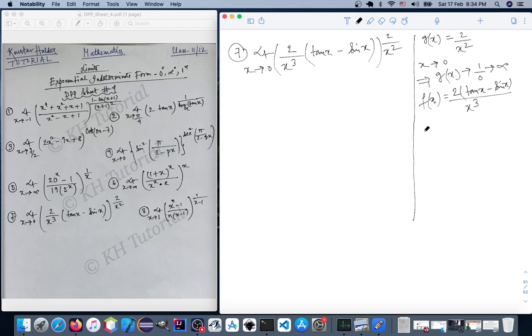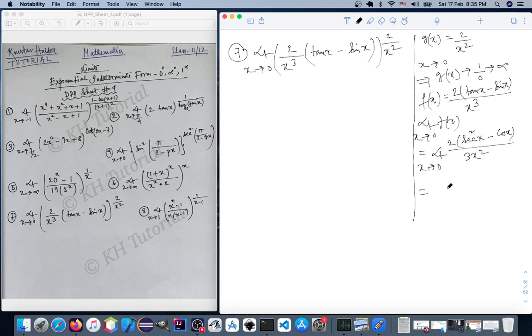So we can apply L'Hopital's rule and we get limit x tends to 0 of 2 times (sec square x minus cos x) divided by 3 x square.